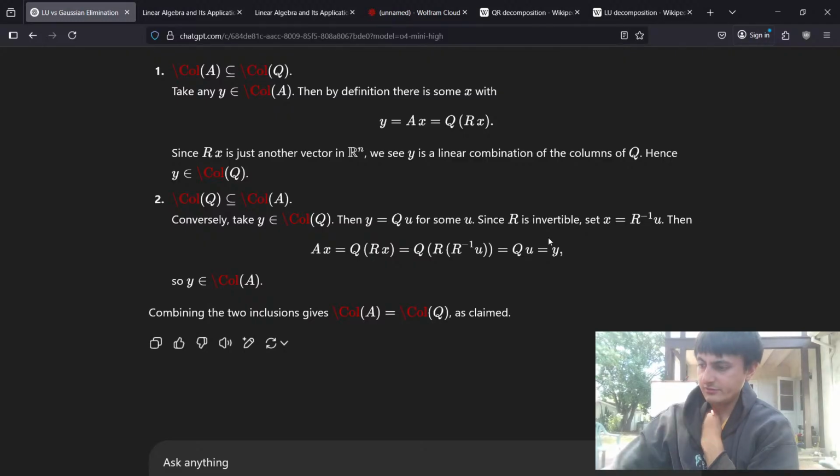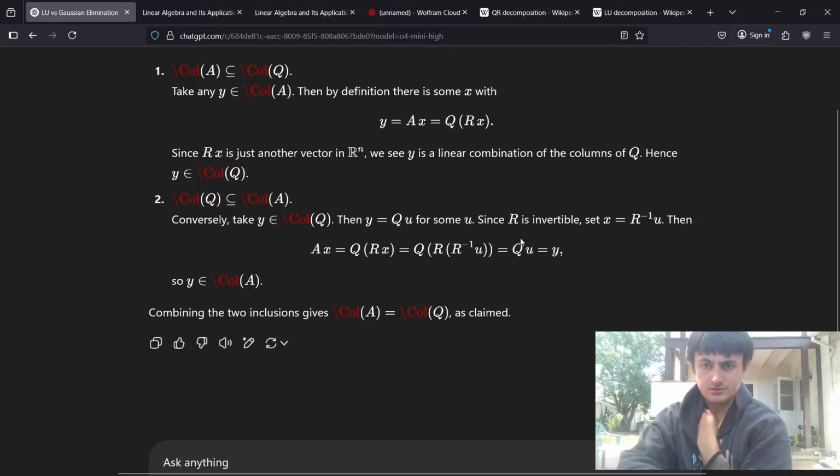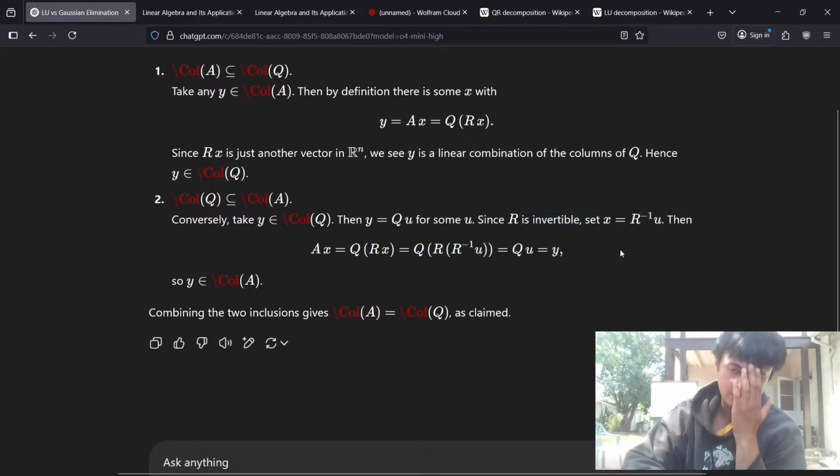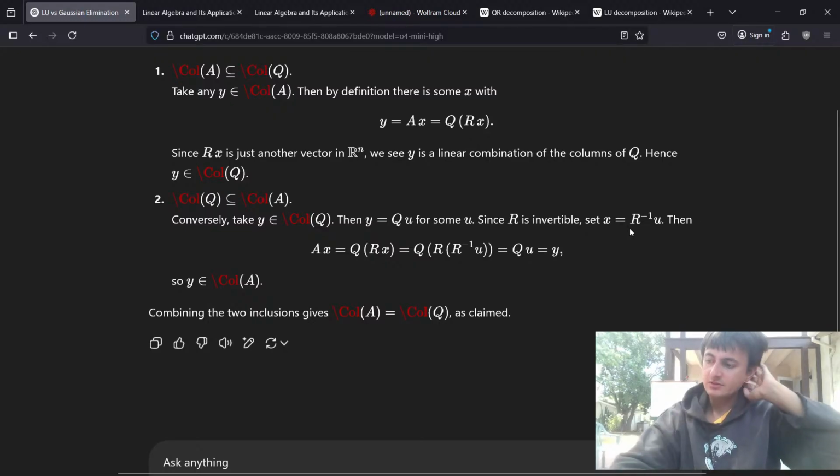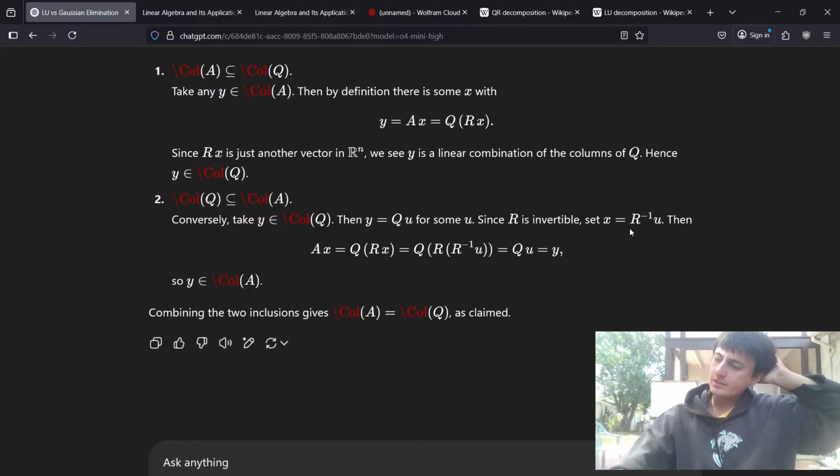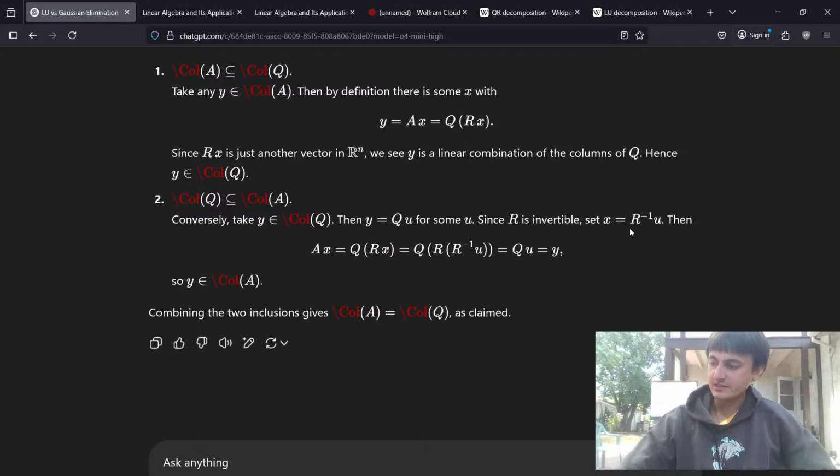So now the reverse inclusion, we say y is equal to Q times U. Then we say U is equal to R times X, but then we just do R inverse of U. Since R is invertible, X is equal to R inverse U. Oh, so then Q times R times X is equal to AX.